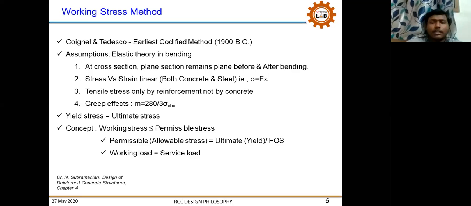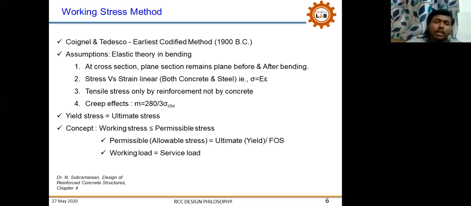Their assumptions are like elastic theory in bending. The basic assumption is that a plane section remains plane before and after bending at the cross section. For elastic theory to be valid, this assumption has to be considered in order to go further. So they thought that stress versus strain is very much linear.